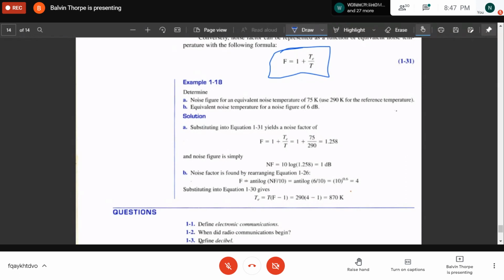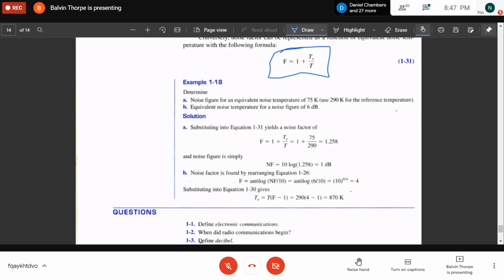F equals 1 plus T equivalent over T0, which is 1 plus, you were given a temperature as 75, and you're given the thermal temperature as the room temperature, 290 degrees.